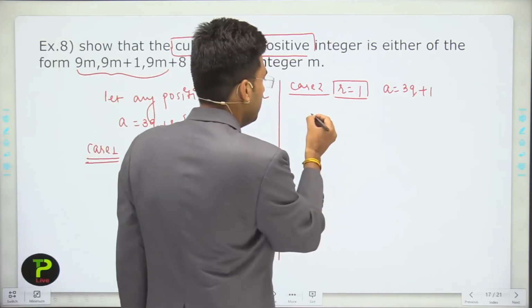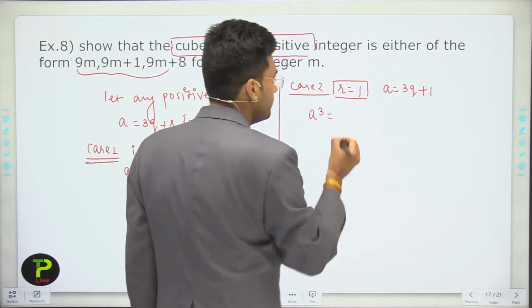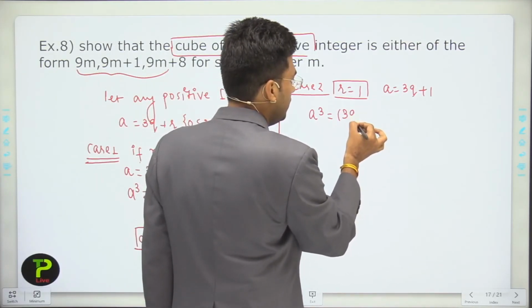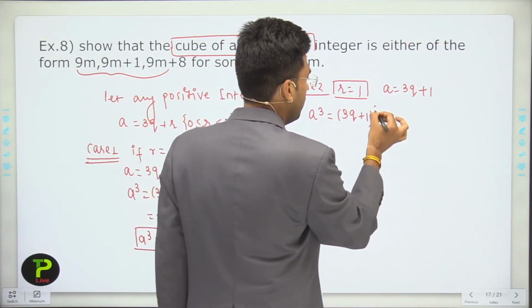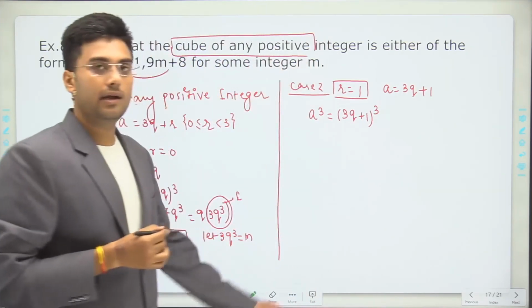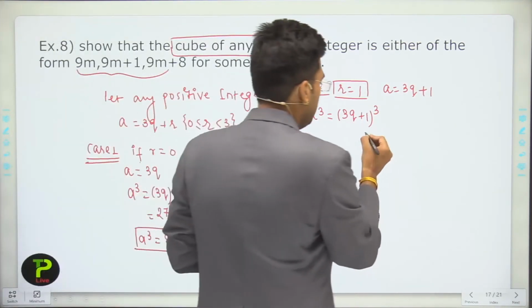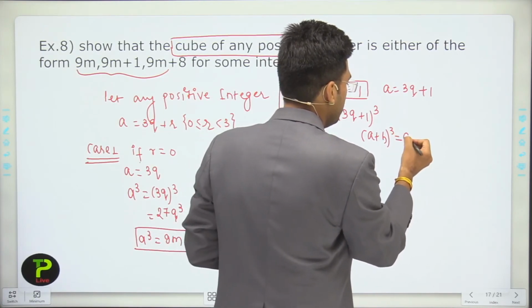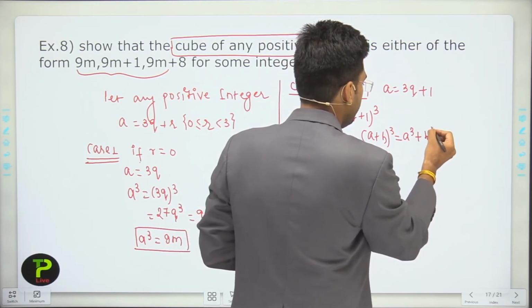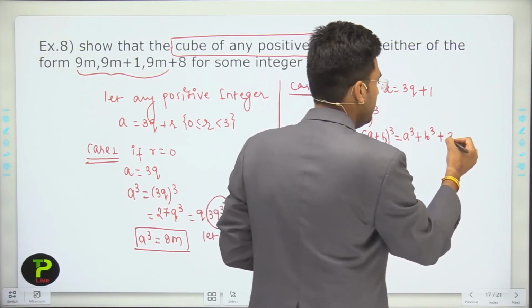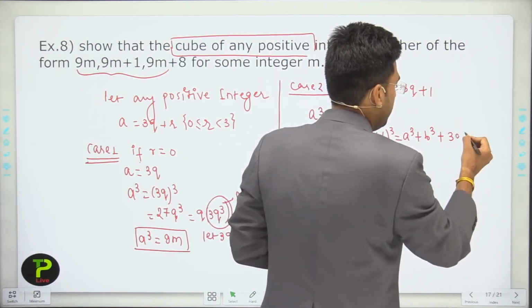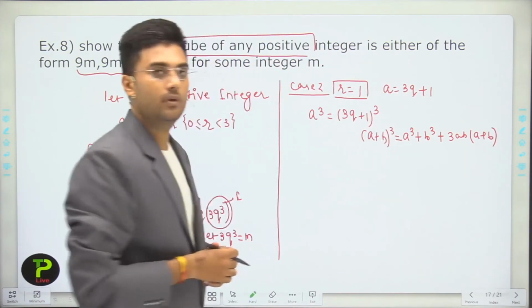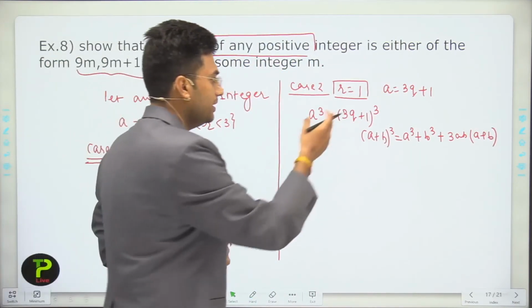Now a cube is equal to 3q plus 1 whole cube, and the formula of a plus b whole cube is equal to a cube plus b cube plus 3ab times a plus b.